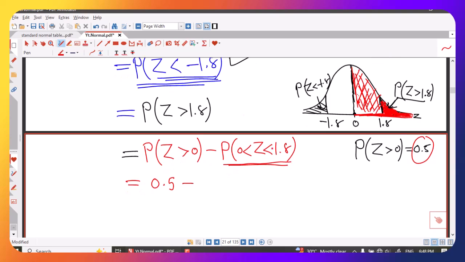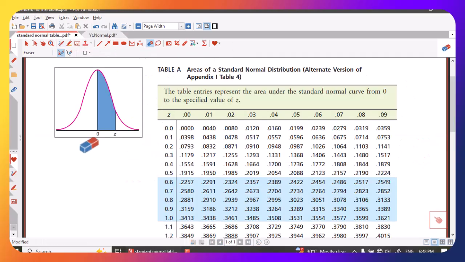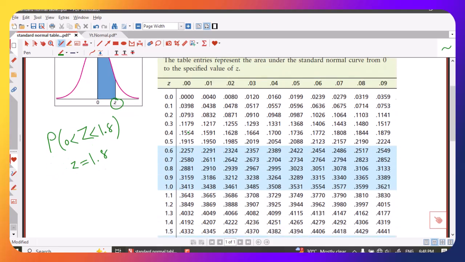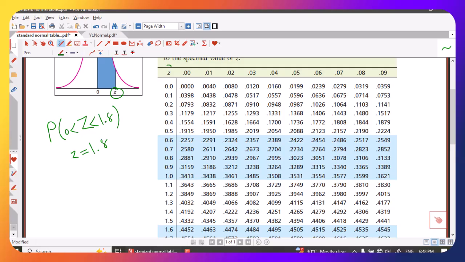So here I require the area between 0 and 1.8, so that I can obtain from this table. To use this table, we are interested in this area between 0 and 1.8, that is small z is 1.8 here, so that we can search in the column below these z values.